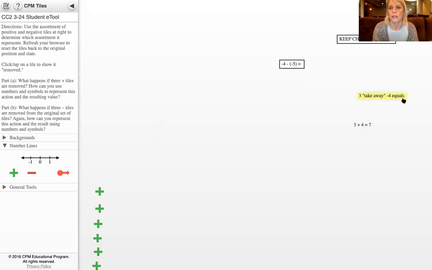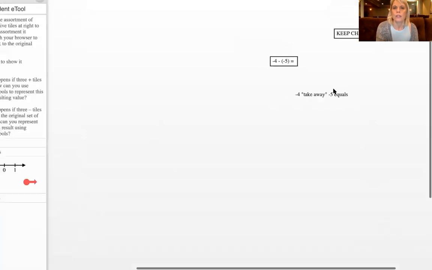So this one, I'm just going to change the words. This is -4 take away -5. So that's our problem. Ignore this. Remember, we could check it after with keep, change, change. So -4 take away -5.